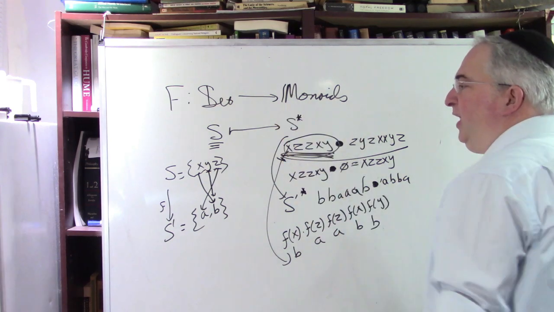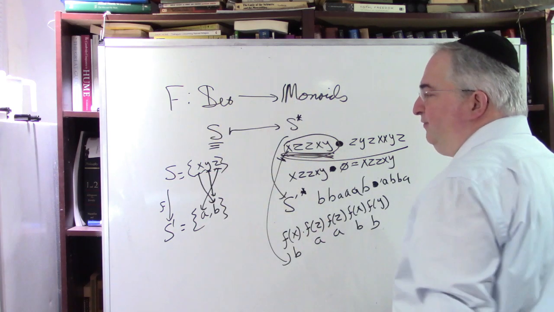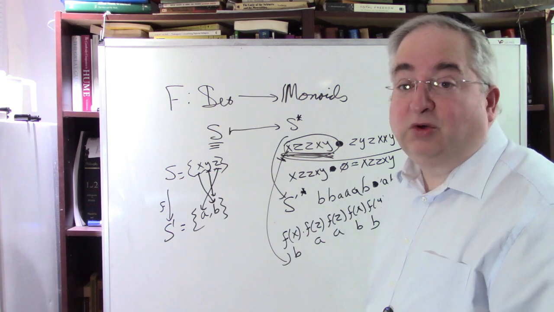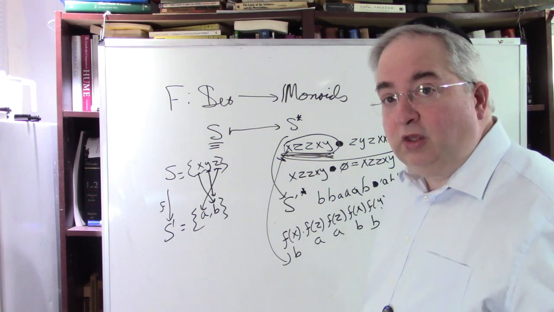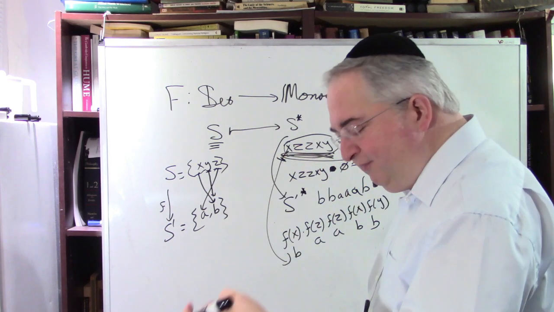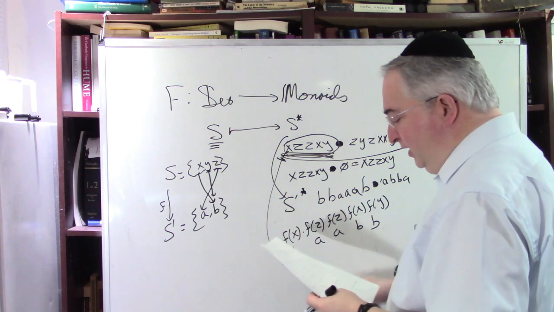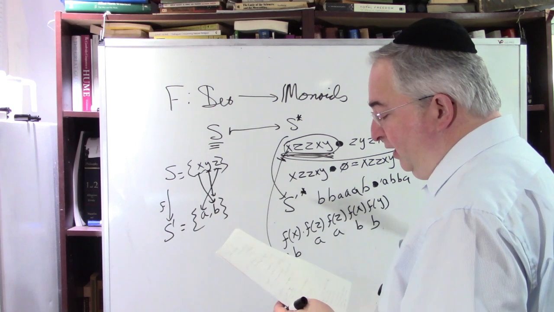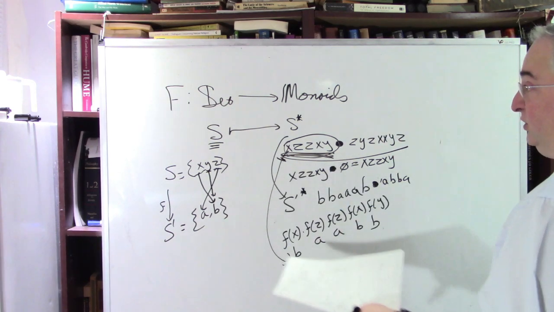This functor has a lot of names. It's called the free monoid functor, and in computer science it's called the list functor. You have a bunch of elements, you can make lists out of them, and you can concatenate them. So this has a lot of different names, and the important thing is it shows up in a lot of places.